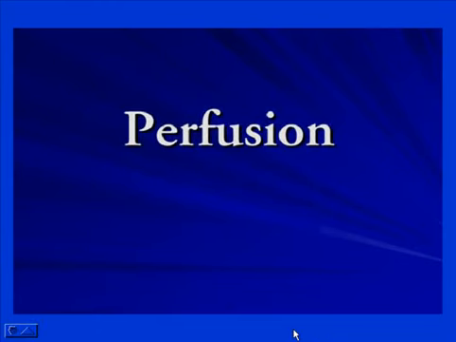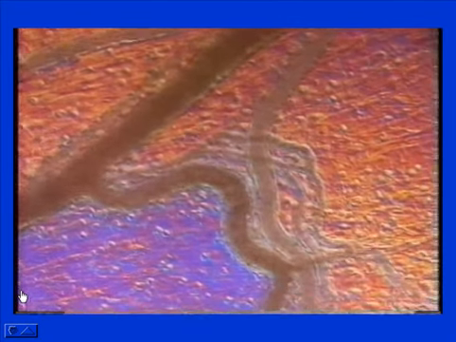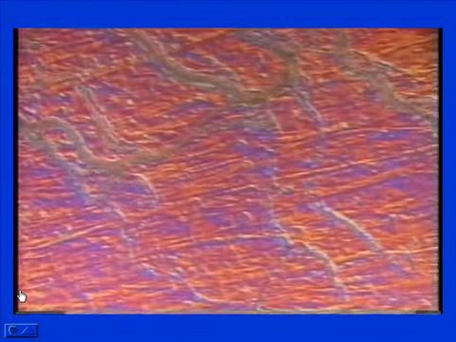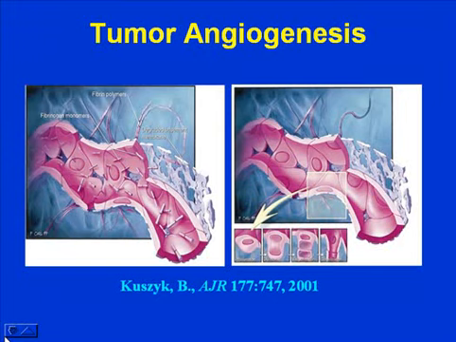This is an intravital picture of tumor perfusion, showing some of the RBCs inside of the rat mesentery and the arteries next to the veins, as you can see there. But this is the level that we're imaging with the microbubbles. So what we're doing is we're looking at tumor angiogenesis.